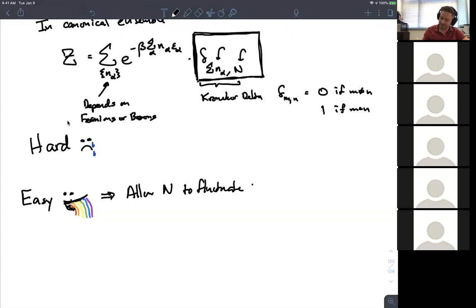So by doing this, what we need to do is to work within the grand canonical ensemble, where our partition function will also necessarily include the fugacity. All right, does that make sense?